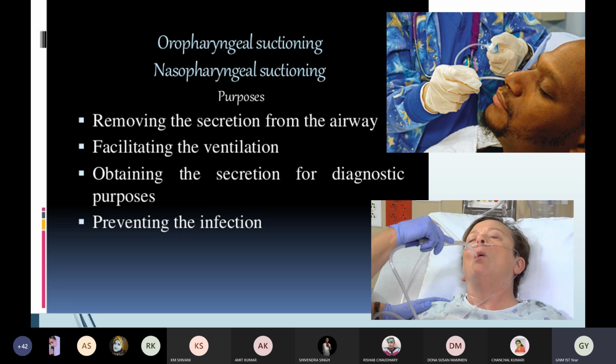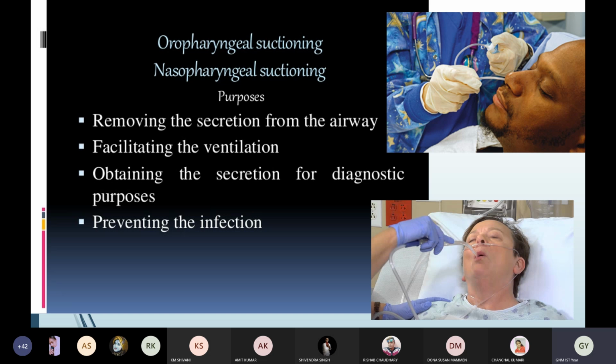Number 3, obtaining the secretion for diagnostic purposes. If we want to do lab tests on the secretions, to check if they are infected, or to check for more tests, then we can do this procedure.